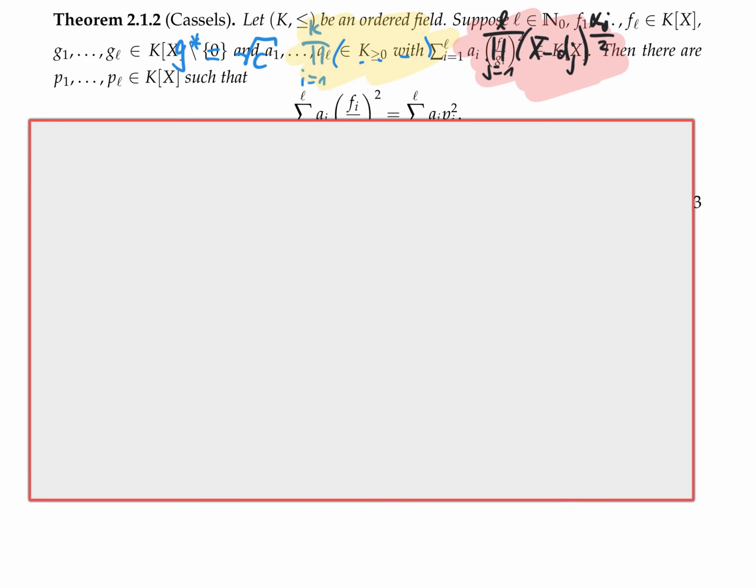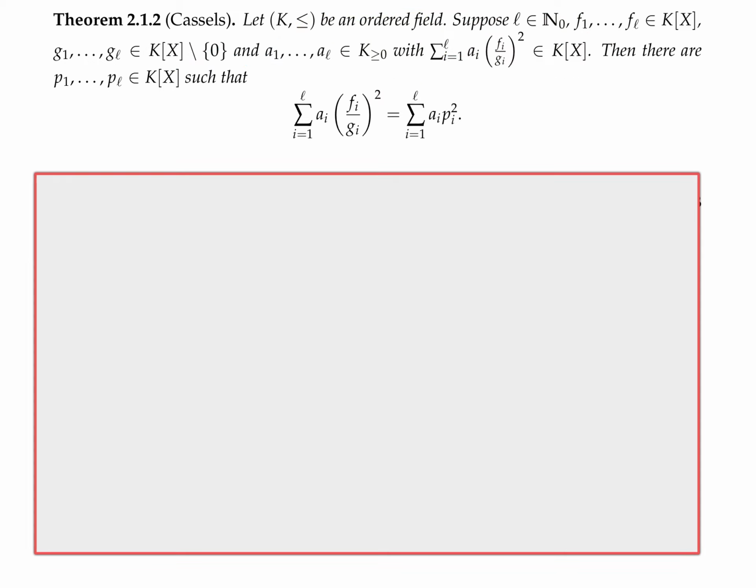And this is the theorem. So let K with less than or equal be an ordered field. Suppose L is a non-negative integer. I have L polynomials over K in one variable, and these will be the numerators of rational functions actually, and the denominators will be the Gi.